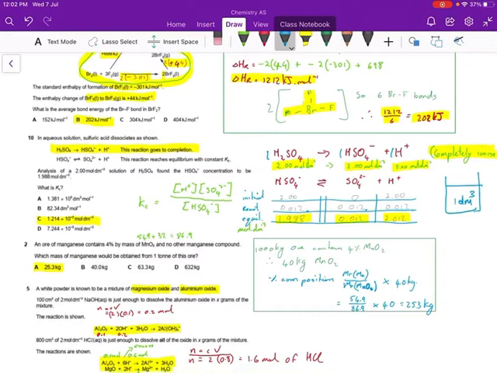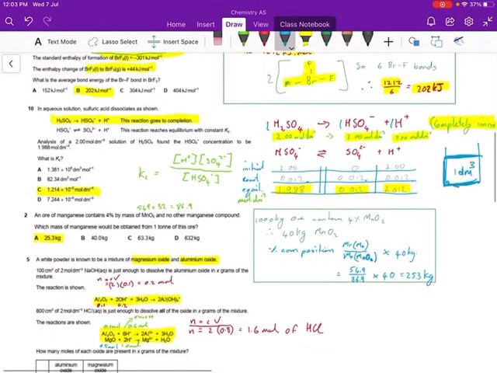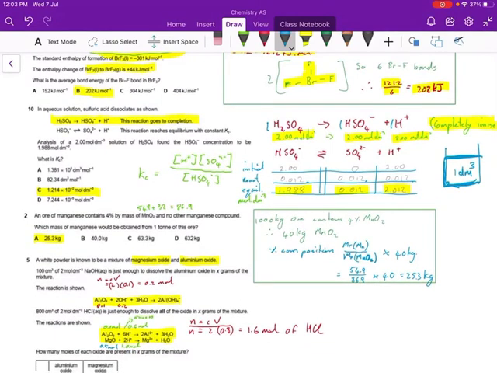I worked in moles, but remember it's per 1 cubic decimeter the whole time. Substituting that back into my Kc formula, I get to my value. Quite a bit that you needed to do there as well. Right, that's question number 2.